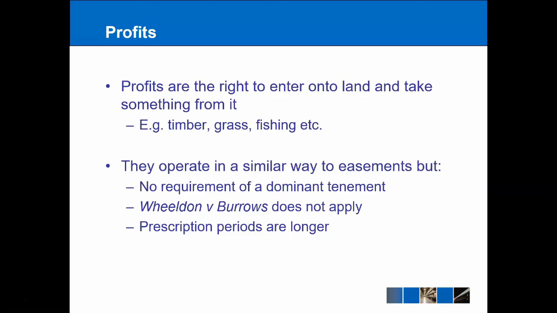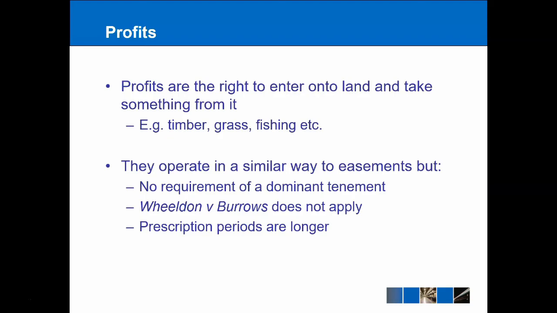So profits and easements tend to fall into the same category. Profits are a little bit more serious because you're taking something from the land. They also operate in a similar way, so most of the things that we've talked about in this presentation in relation to easements will also apply in relation to profits, but here there's no requirement of a dominant tenement.